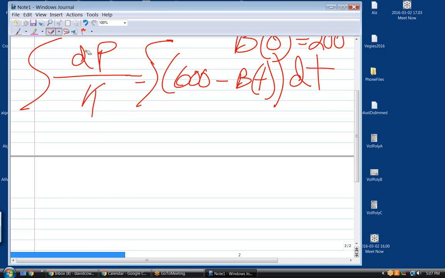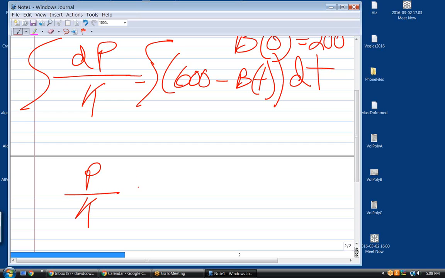So it's P over K. The antiderivative of dP is P, because it's a 1 there, it turns into the variable. And the K I can take outside the integral sign because it's a constant. So I end up with P over K.